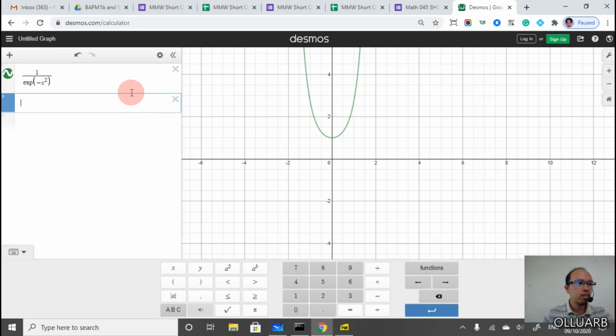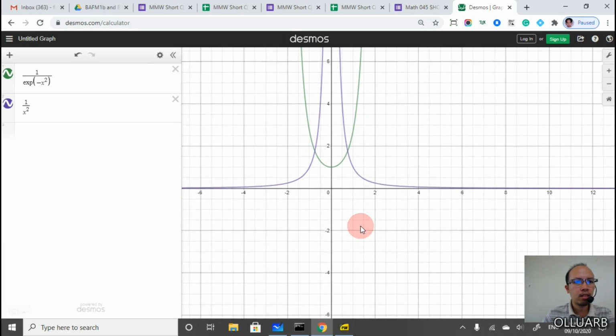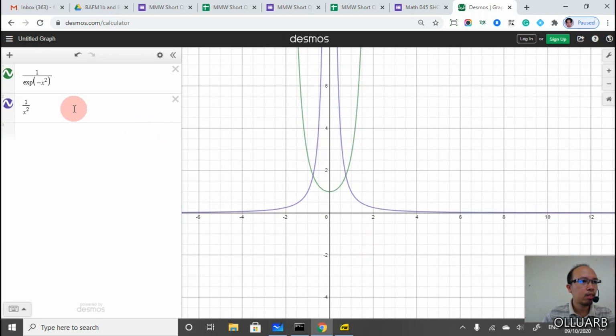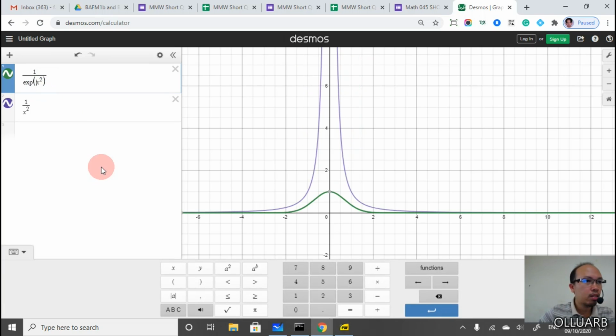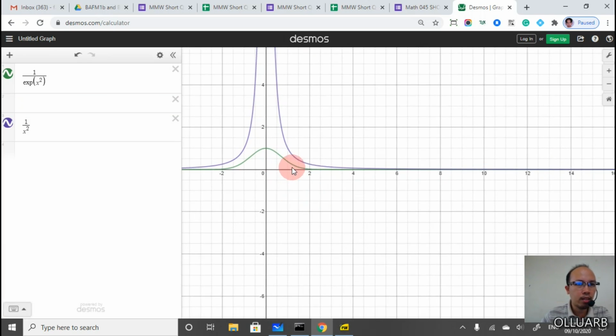Enter. And the series that we compare is the series 1 over x squared. Enter. Remember that our n starts at 1 here.